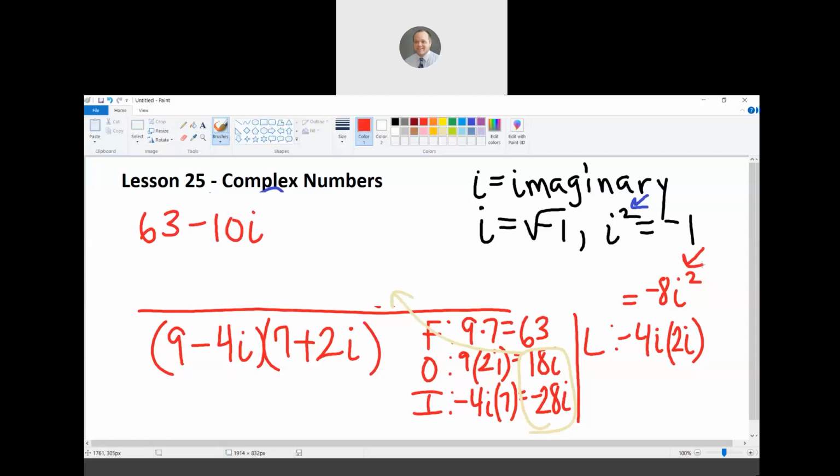And over here with the last term, we can replace i squared with -1. And that gives us a +8. When we combine our integers, our final answer in standard form is 71 minus 10i.